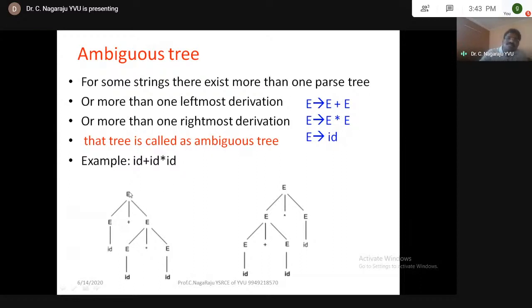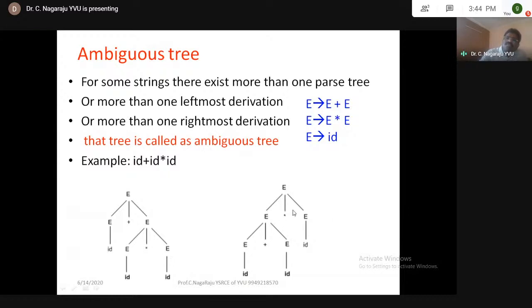Here E is the root node, E is equal to E plus E, with id and E star E. This is called the leftmost derivation, E star E, id and id. Here we take id, and here E star E at the root node.